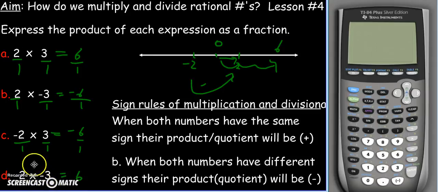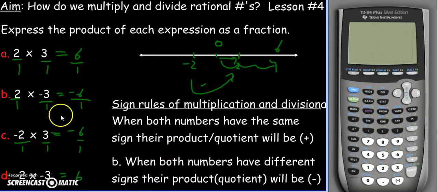So if both of them are the same, we get a positive result. If both numbers have different signs, their result will be negative. Let's take a look why. So we have a positive number, make it negative, it becomes negative. If we have a negative number and don't change its sign, it's still negative. So 2 positives make it positive, 2 negatives make it positive. 1 of each make it negative.